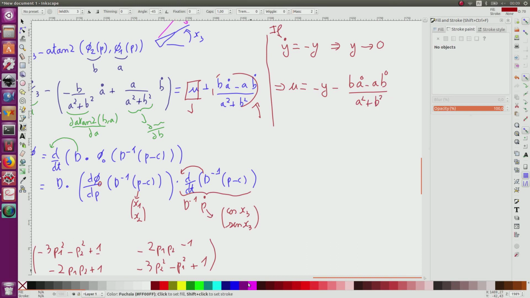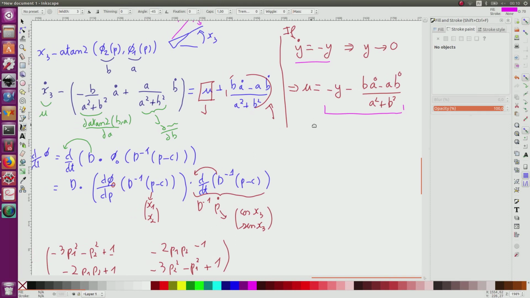So it means that if I take this controller, then y dot will be equal to minus y, then y will converge to 0, then I will follow my vector field. So it is a feedback linearization method.